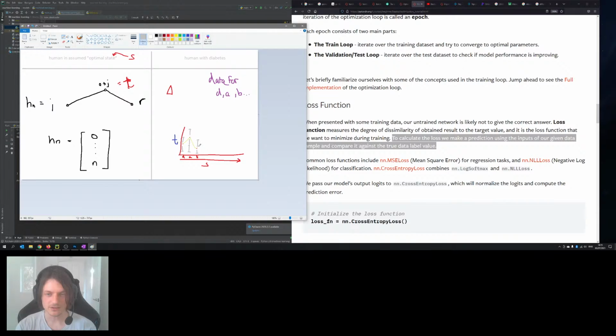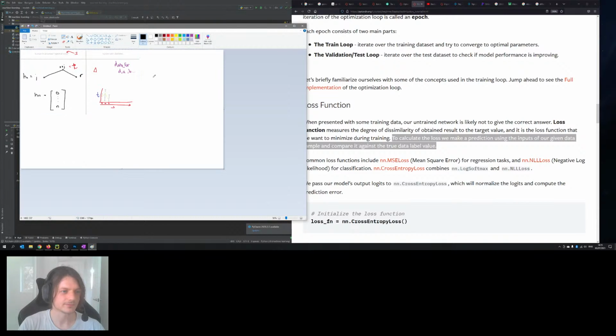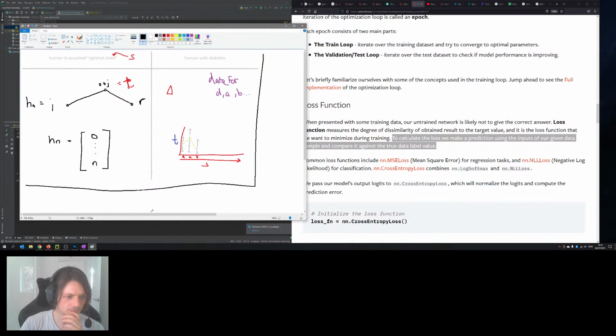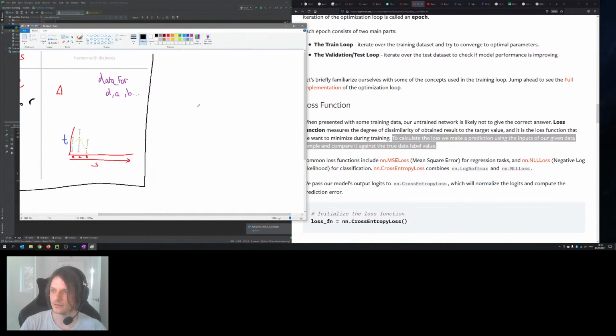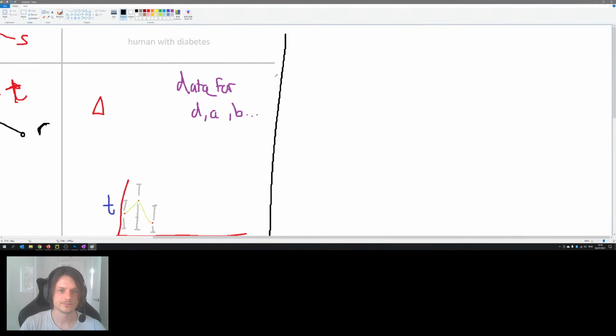So maybe you could take blood as well. Then we're getting some squiffy correlations. But let's say we take this bigger now. Let's say we take a bit more.